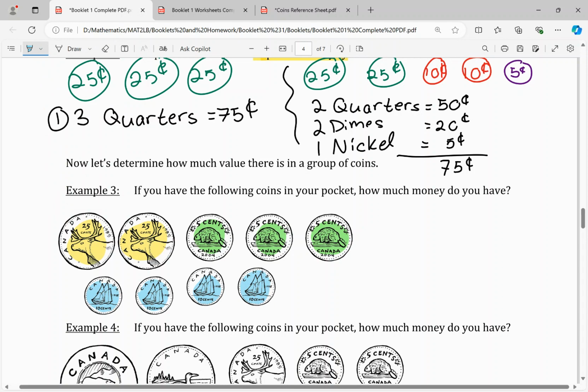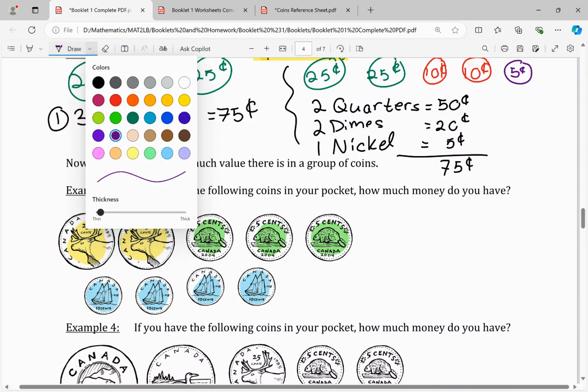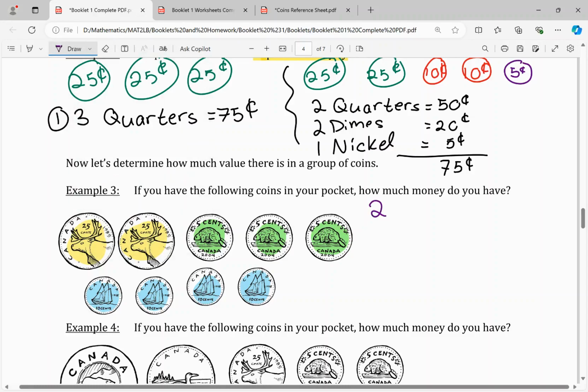Now, in order to add these together, we can make our life a little bit easier if we group them together. So on the side here, I'm just going to write 2 quarters, I'm going to do dimes next actually, 4 dimes, and 3 nickels.